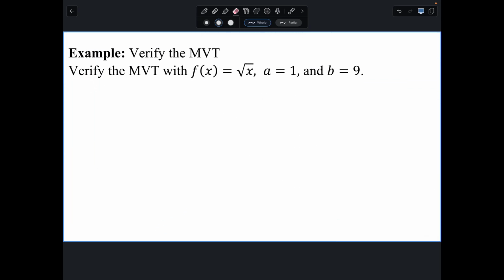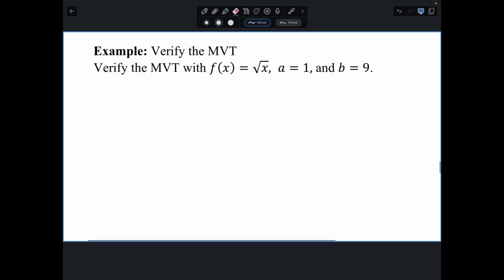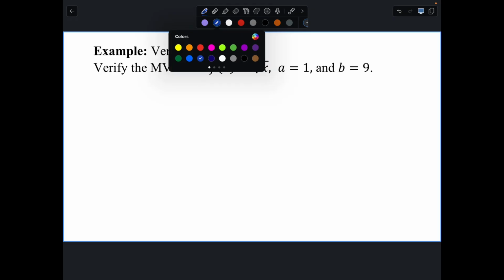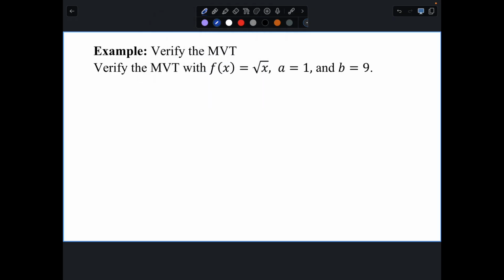Okay, so let's do one of these together. This is a more textbook type problem, and the wording's not super clear. We're going to verify the MVT with f of x equals square root of x for a equals 1 and b equals 9. We're going to answer two questions. Does MVT apply on this interval?